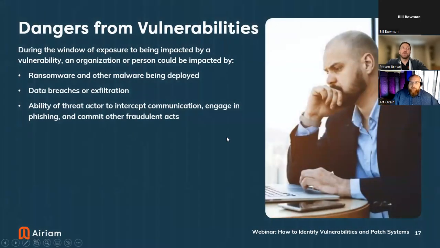So during that window, anything can happen. The attacker can drop ransomware, other malware, can exfiltrate data, steal data, breach data, can intercept communications, phish, do other fraud. Really, the sky's the limit in between the time that exploit is identified and you are patched.